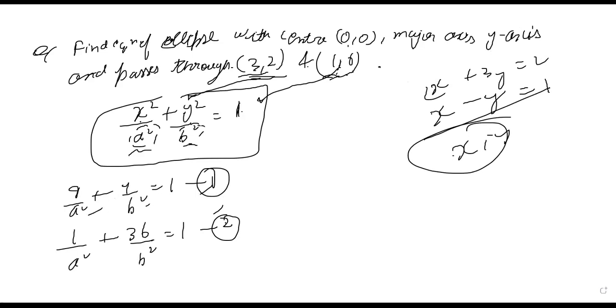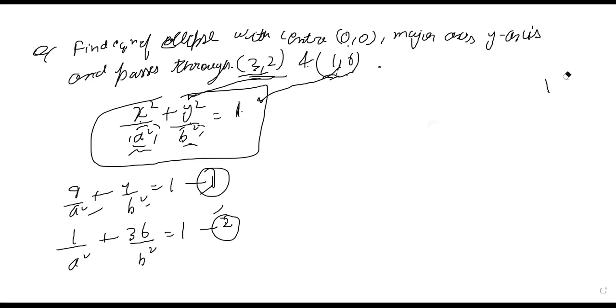But in this equation, a and b are on the denominator side. So first, let us take 1 upon a square equals x, for simplicity, and 1 upon b square as y.